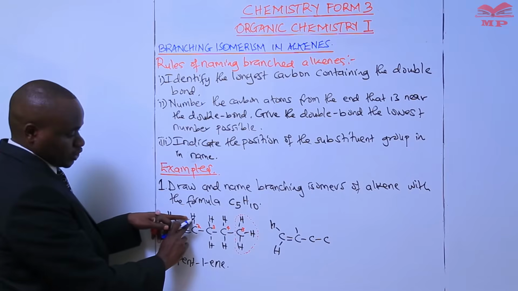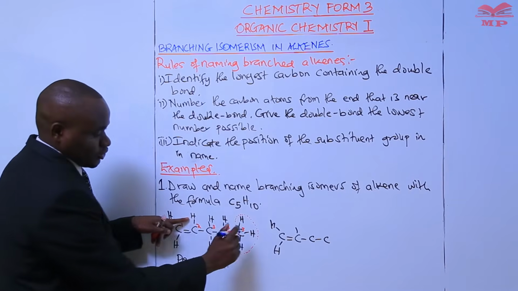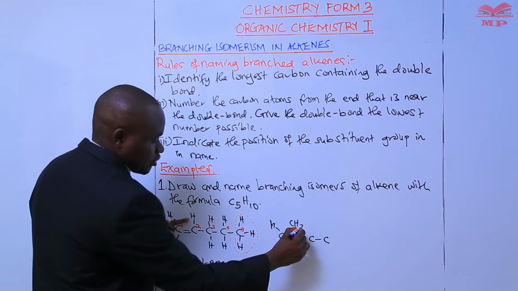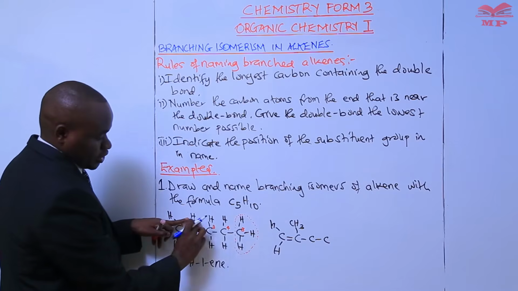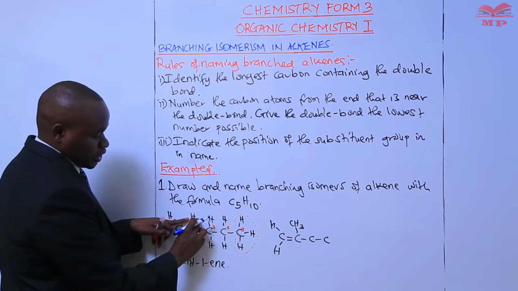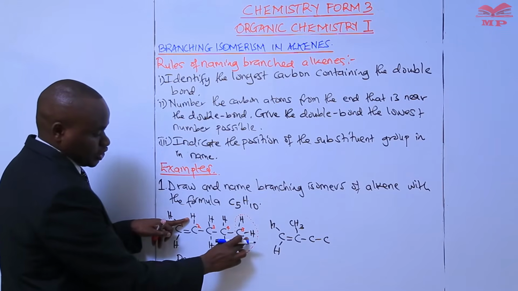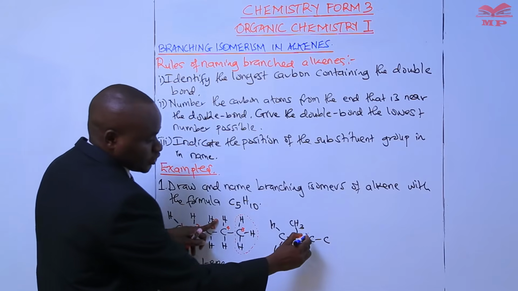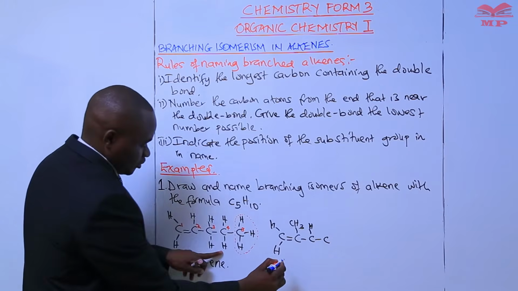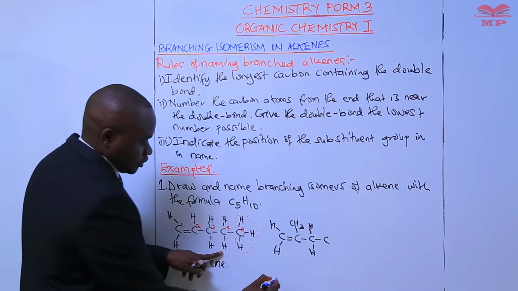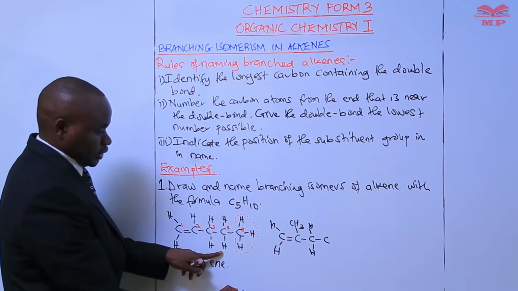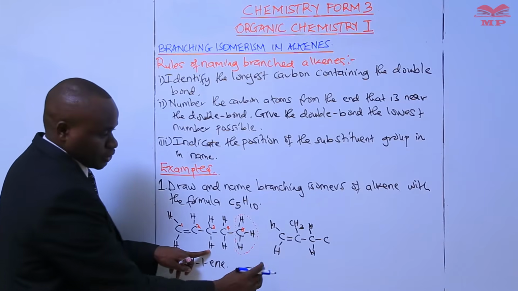So we are going to replace this one here with a methyl. So I put a methyl there. Then this space will be taken by this hydrogen. So it's like there is an interchange. So this one remains hydrogen. This one remains hydrogen, like that. And then we have this hydrogen, this one.